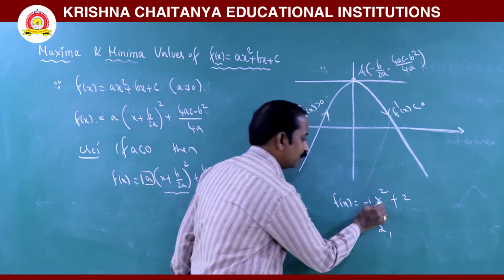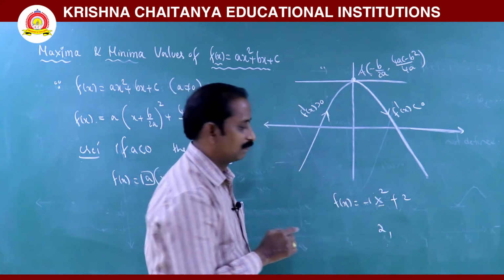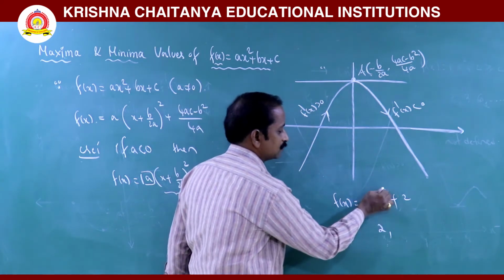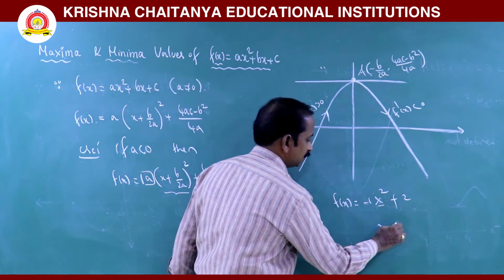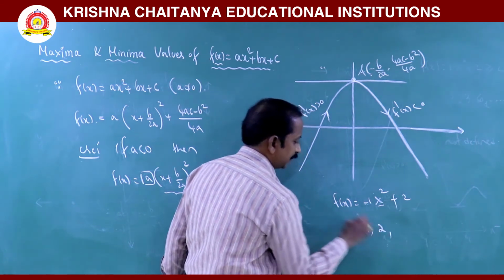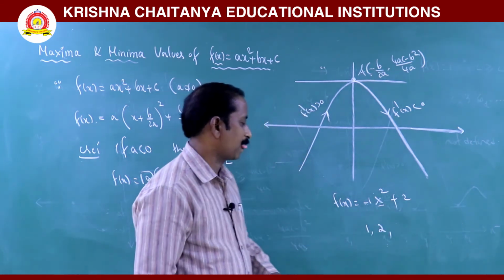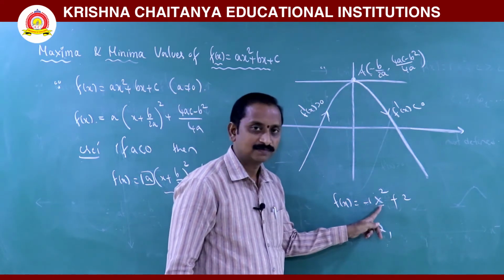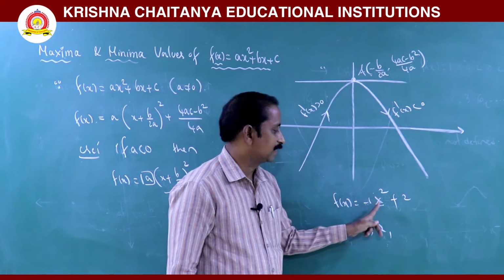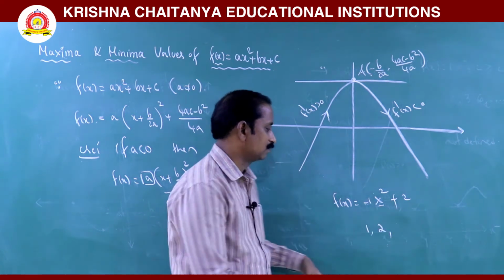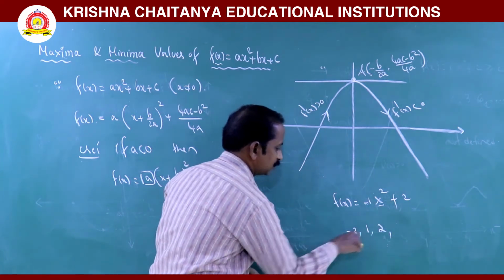Now, when X is equal to 1, it becomes 1 squared, but with the minus sign it is −1, and −1 plus 2 is 1. Next, X equal to 2 means 2 squared, totally −4, and −4 plus 2 is −2.